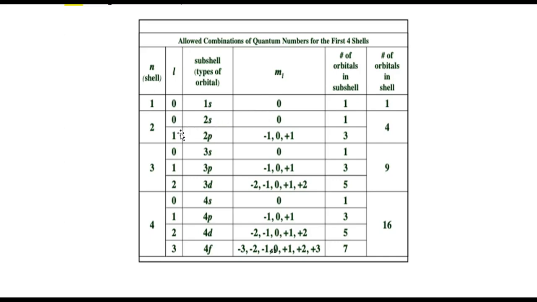So you can see that by the formula 2L plus 1, L=1 has 3, L=2 has 5, and L=3 has 7. And we can find the number of orbitals in the shell by the formula n square.